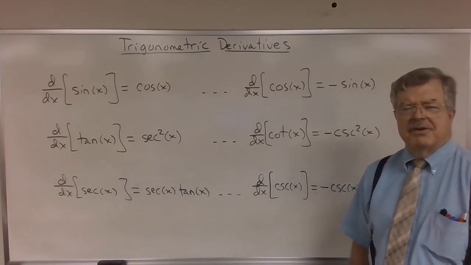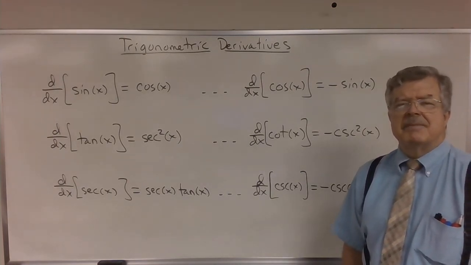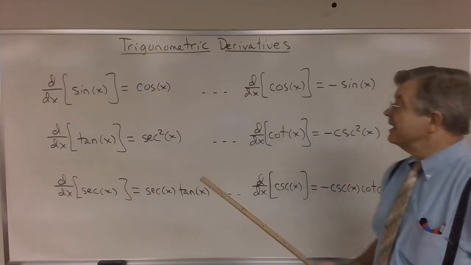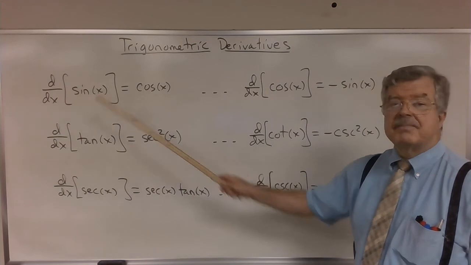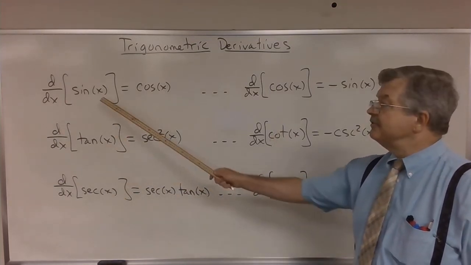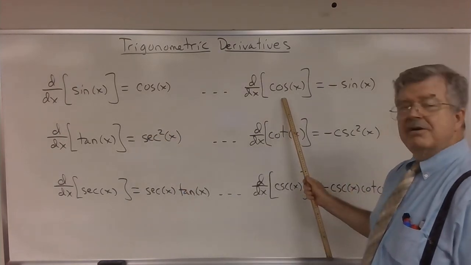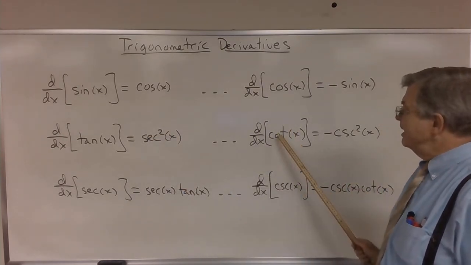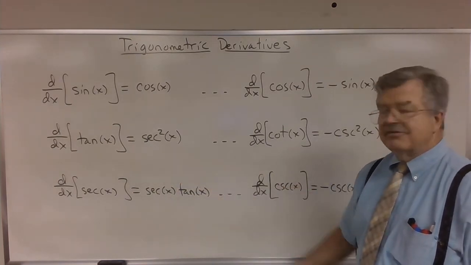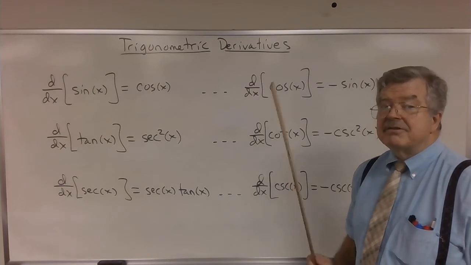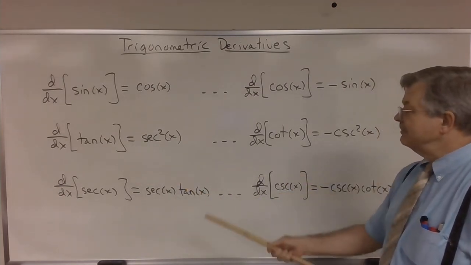And know this too. Functions and their co-functions come in pairs in the sense that cosine is the co-function of sine of x, but it's also true that sine of x is the co-function of cosine of x. And cotangent x is the co-function of tangent x, and tangent x is the co-function of cotangent x.